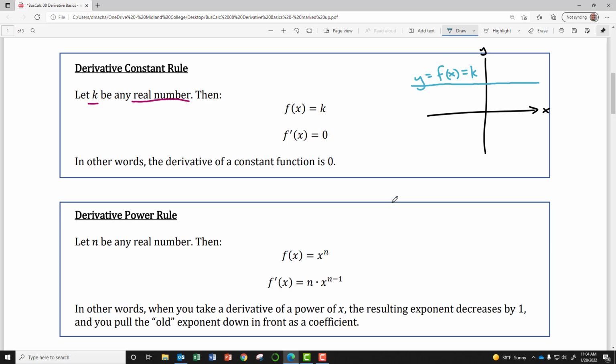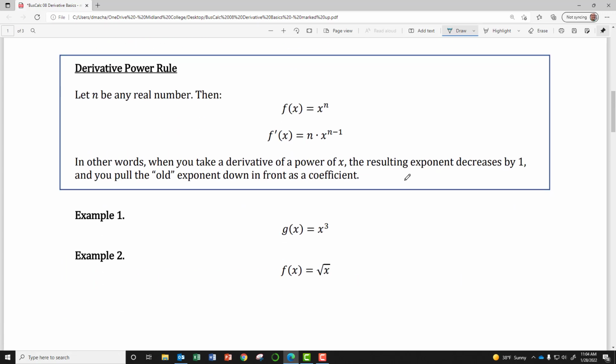The slope of this entire function is 0. Of course this function is a horizontal line, so it's tangent to itself everywhere, and so the tangent line slope everywhere would be 0, so then we say the derivative is 0. So the derivative of any constant function is 0.